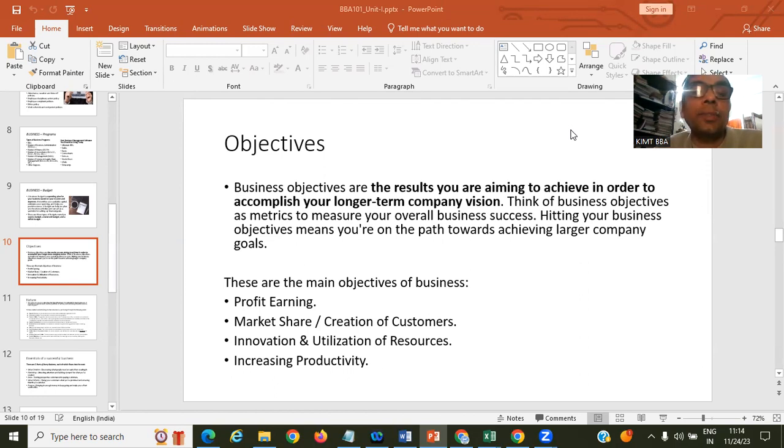So those are the objectives of business. Most of the time, you get long-term questions from this, and you write long answers. You can elaborate these points, remember these points, and you can write this.